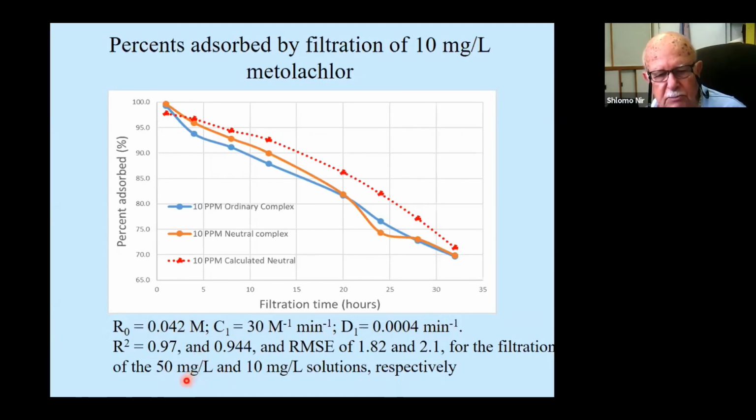It showed a small advantage of the neutral complex over the ordinary one, but within experimental errors, the results were similar. Going to 10 milligrams per liter, I succeeded to yield predictions by using the same parameters obtained from the 50 milligrams per liter case.